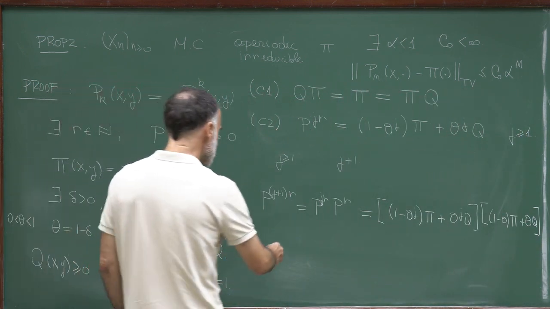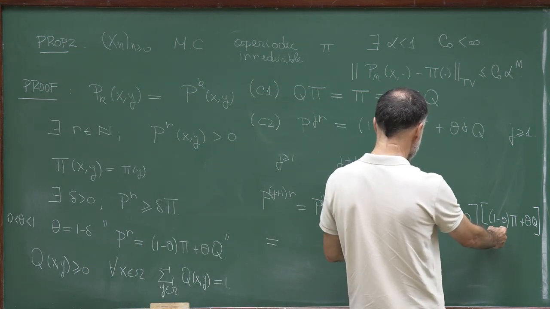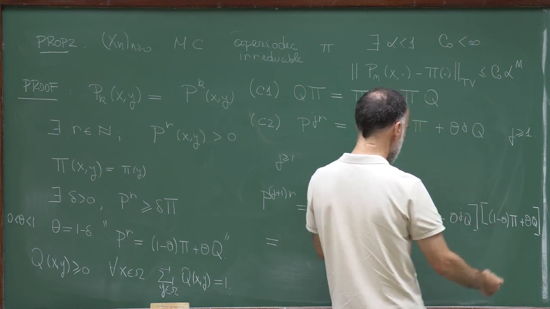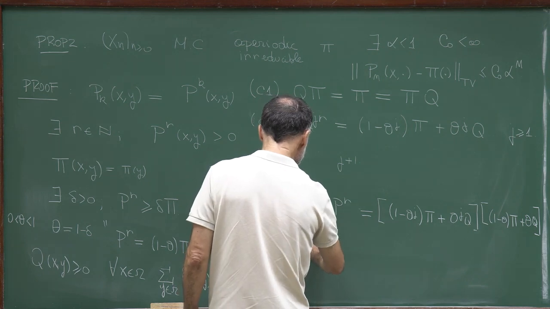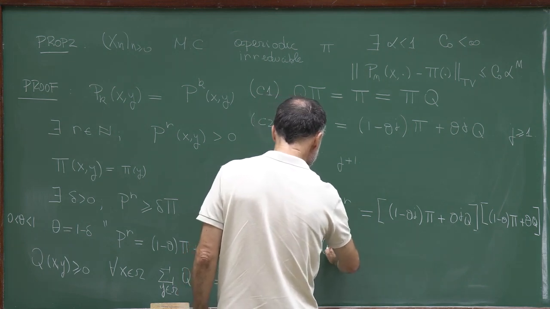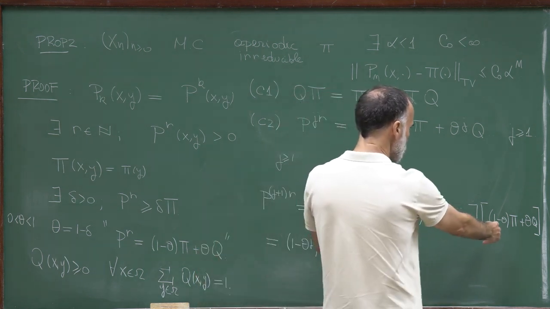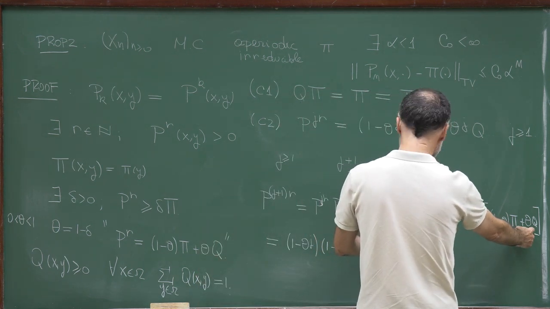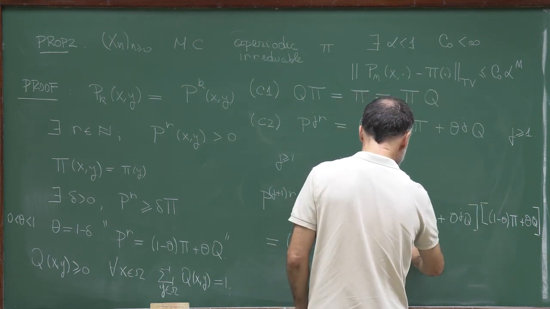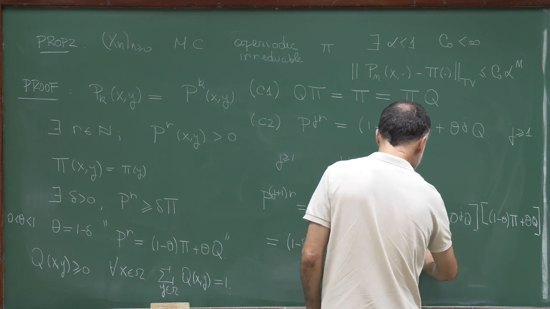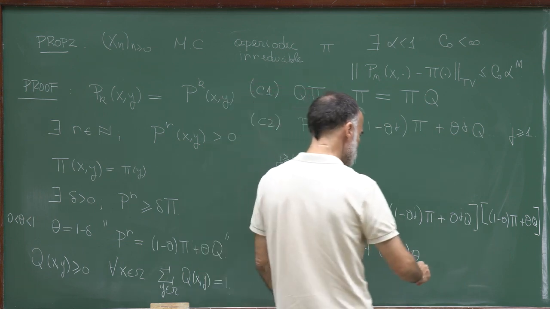And now let's compute this product. We know that pi squared is pi. So this gives me 1 minus theta to the power j times 1 minus theta, pi. So this is the first term. Then we have this term, which is 1 minus theta^j theta, and here I have pi q, but pi q is pi.